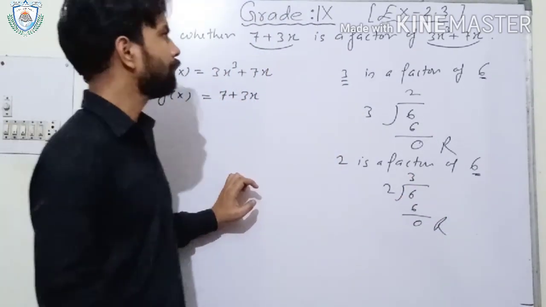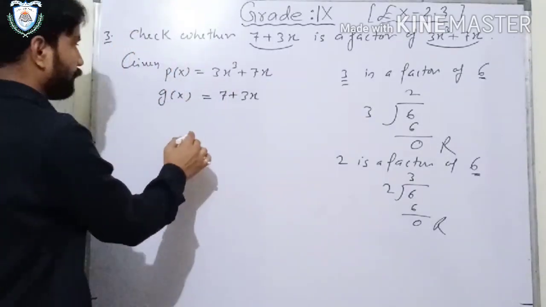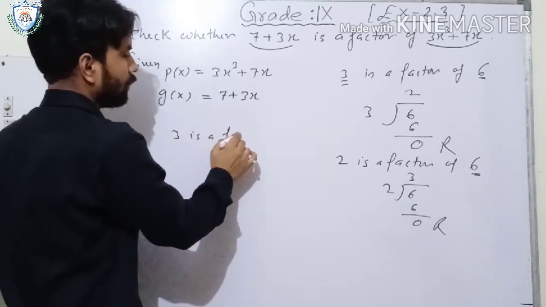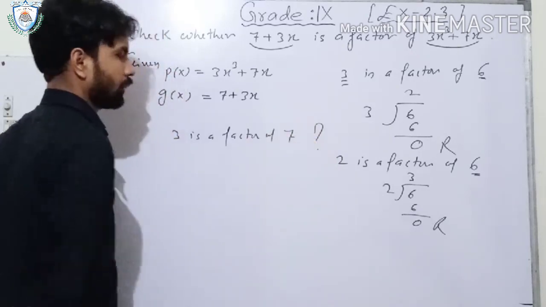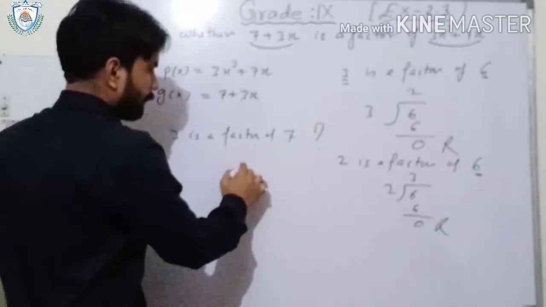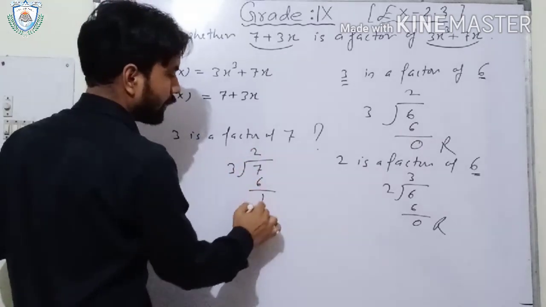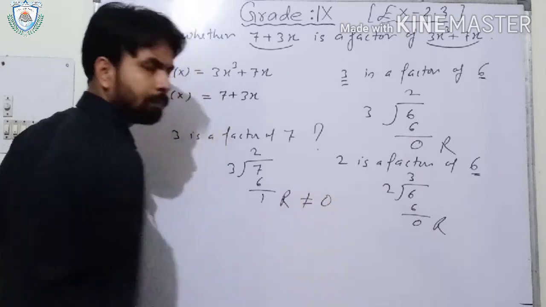Now I am checking whether 3 is a factor of 7 or not. So see, we will divide 7 by 3. 3 2s are 6. The remainder is 1. So here the remainder is 1, that is not equal to 0.